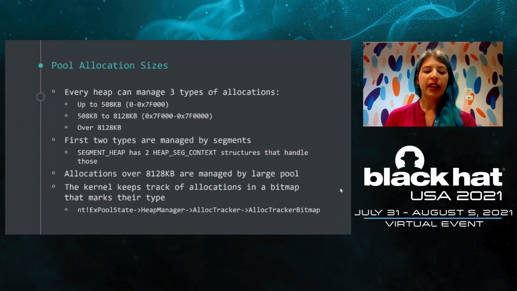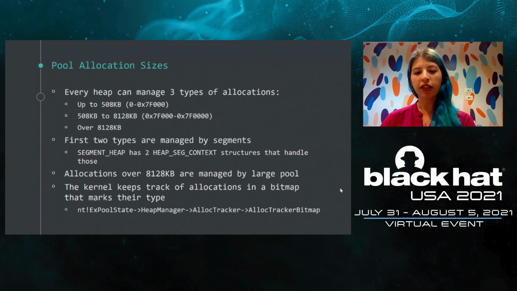The first segment, represented by a heap Seg Context structure, is used for small allocations up to 508 kilobytes. And the second segment, or Seg Context, is used for allocations that are medium-sized, meaning 508 kilobytes, up to 8,128, which is the limit. Over it, everything is large pool.